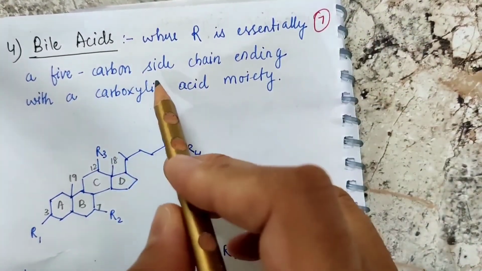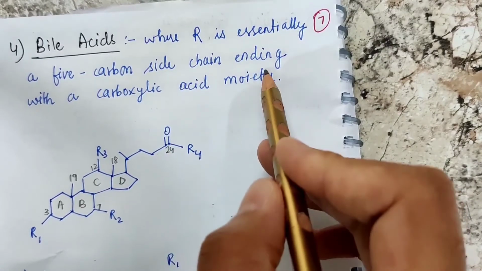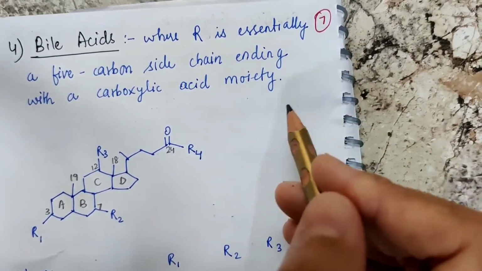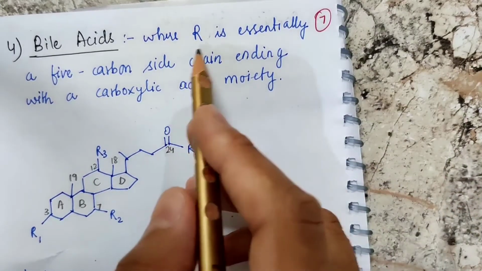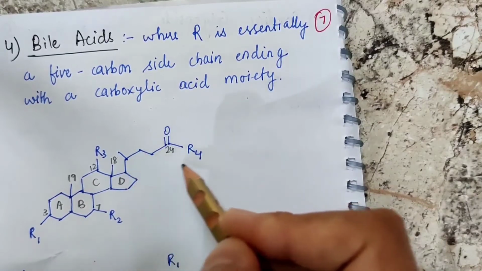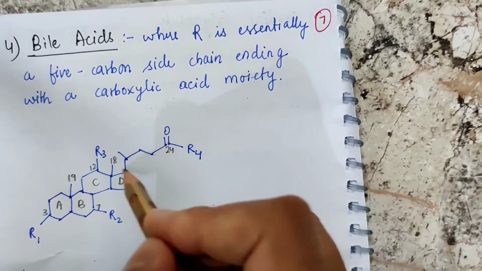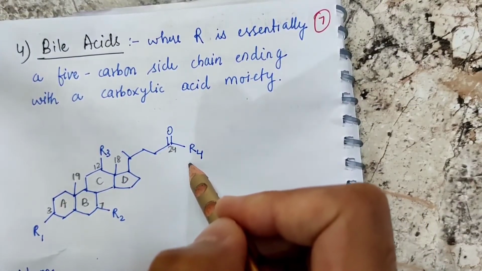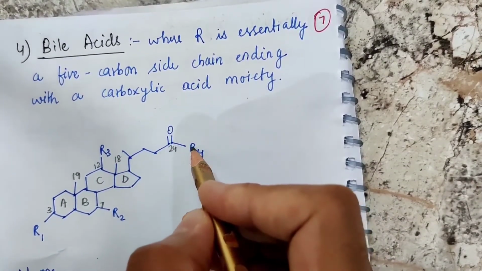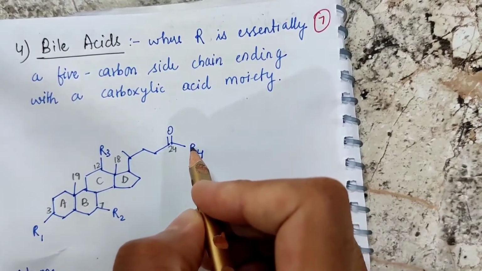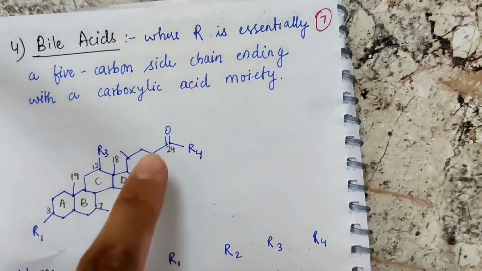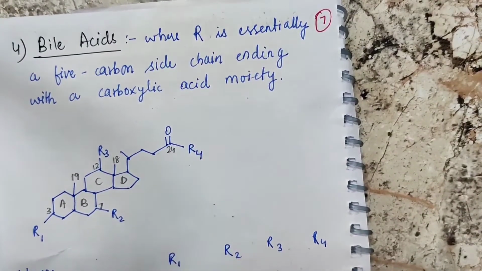R is essentially a 5 carbon side chain ending with a carboxylic acid moiety. So basically, the R, where we had a side chain in our steroids, in this case it's a 5-carbon side chain, and generally it ends with a carboxylic acid moiety.